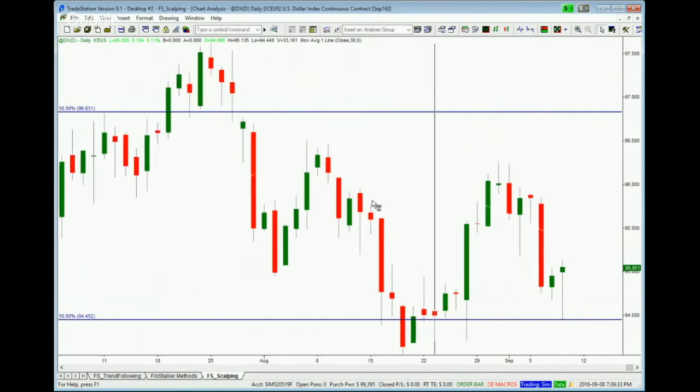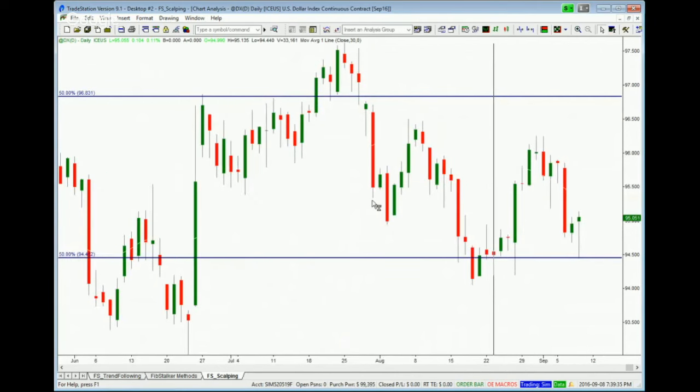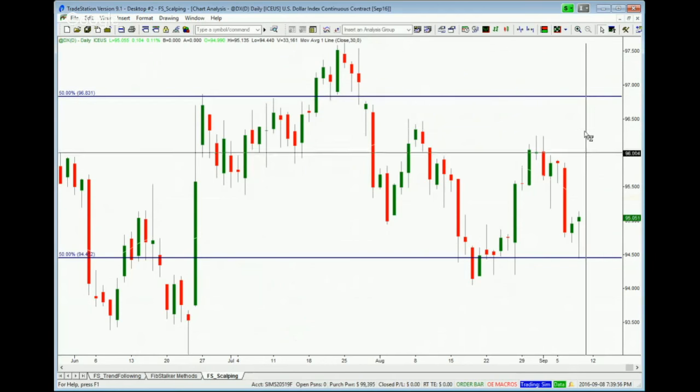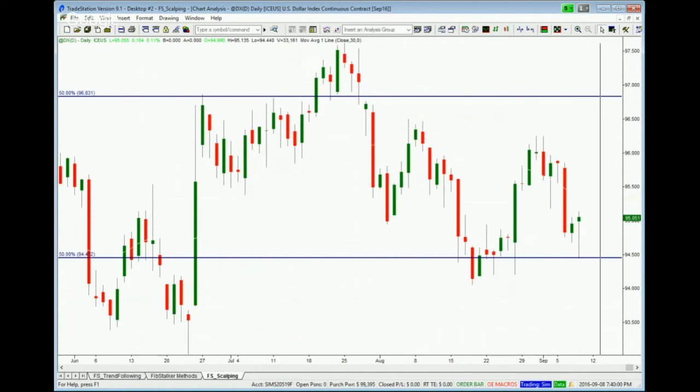So what we can see about this market, and this has an immediate effect on the US dollar Japanese yen and the pound US dollar. Well, the pound is a specific case, I would leave it out for the moment. But for the US dollar Canadian dollar as well, this market now has the potential to go all the way to the upper edge here at 96.83, and potentially could continue higher as well.